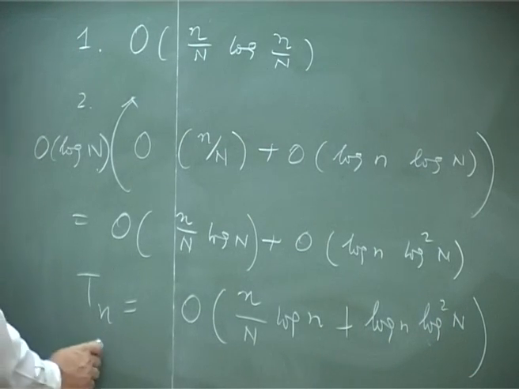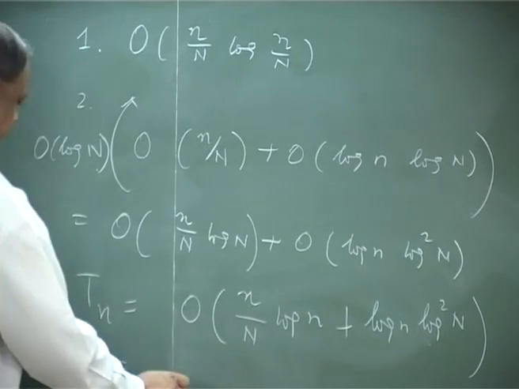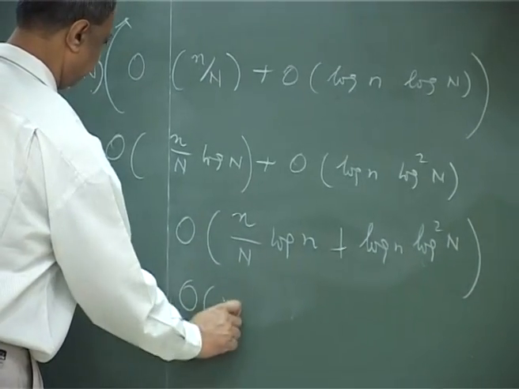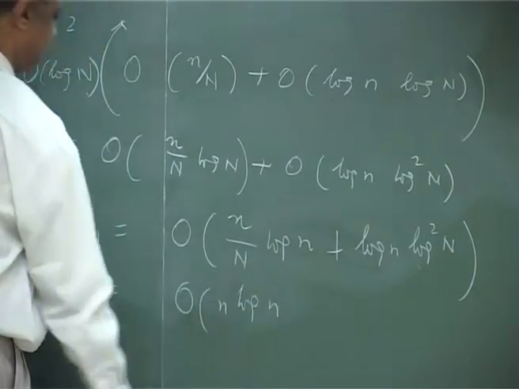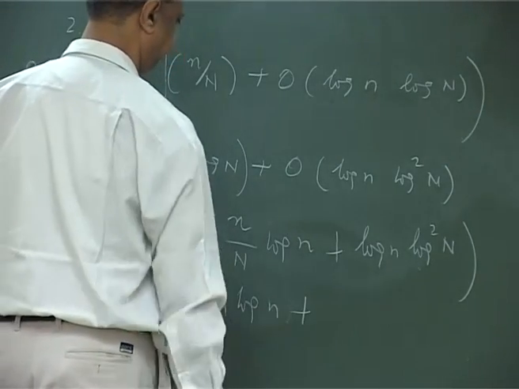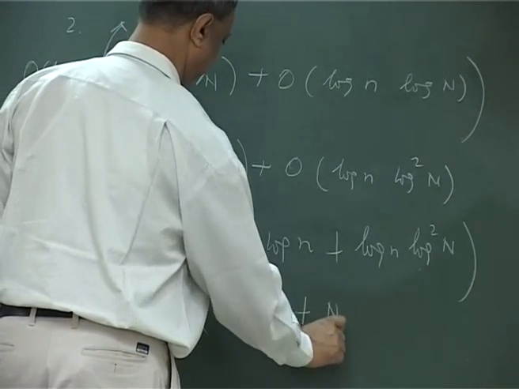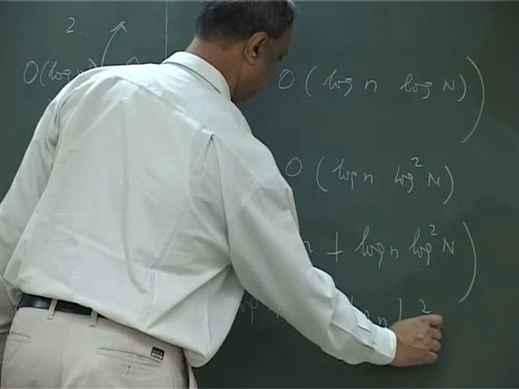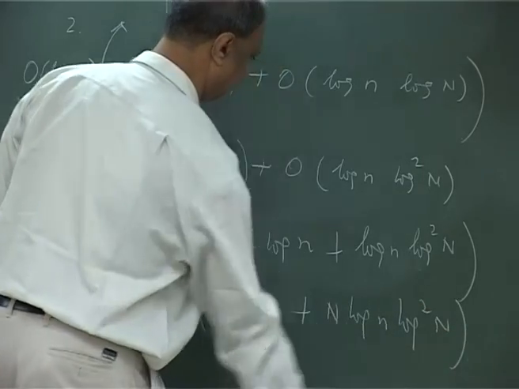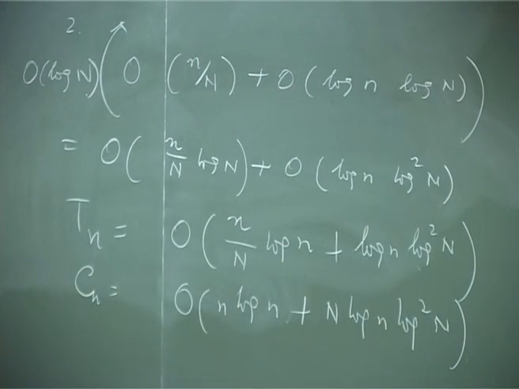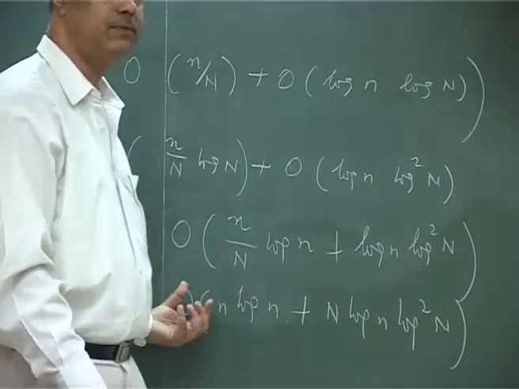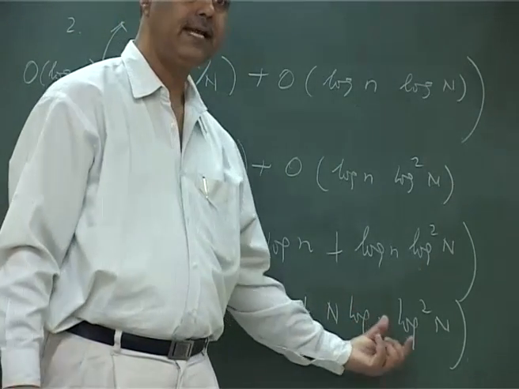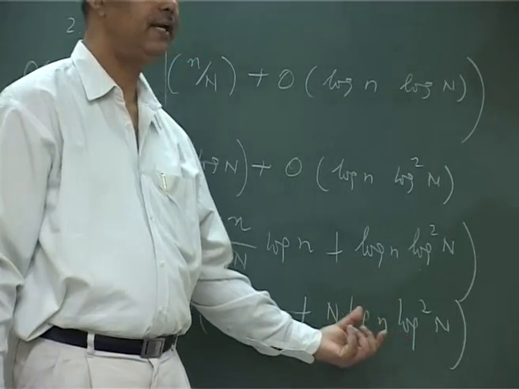And the cost becomes, so in order to make it cost optimal, this has to be n log n.